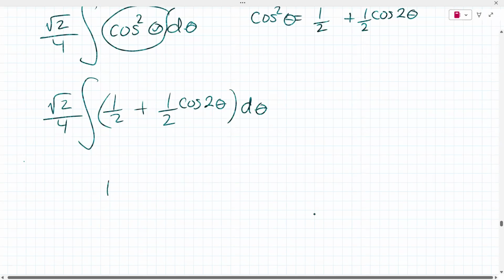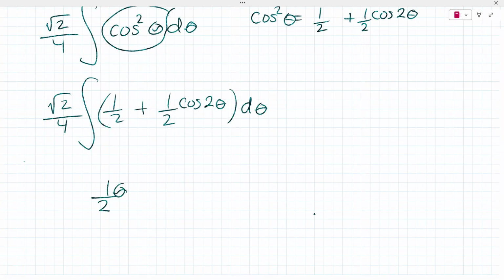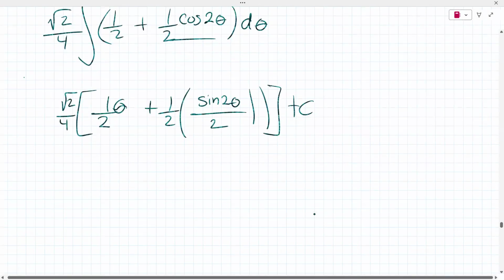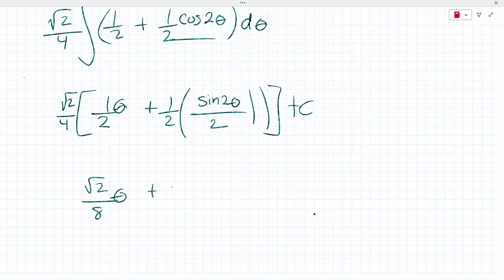So the integral of 1/2 is 1/2 theta. The integral of cosine 2 theta is sine of 2 theta over 2. And then we still have to factor out that radical 2 over 4. So when you do all the work, you're going to get radical 2 over 8 theta plus radical 2 over 16 sine of 2 theta.